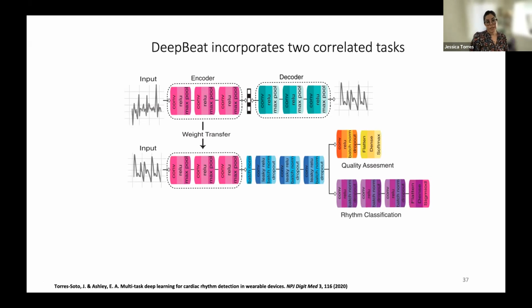We wanted to use only the encoder because that's the part of the model that takes the input and condenses or compresses that signal to an area so compact that it has all the information needed to recapitulate it. This gives us a small representation that we can then branch from and focus on.